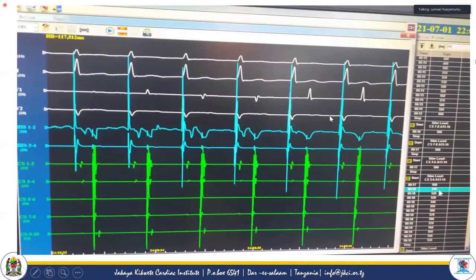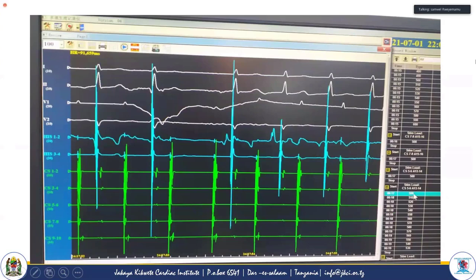So here now we are using the coronary sinus, and what we see here is that every time we pace the atrium, this is followed by a ventricular signal. This is 1-to-1: atrium, ventricle, atrium, ventricle, atrium, ventricle. This is 1-to-1 conduction.